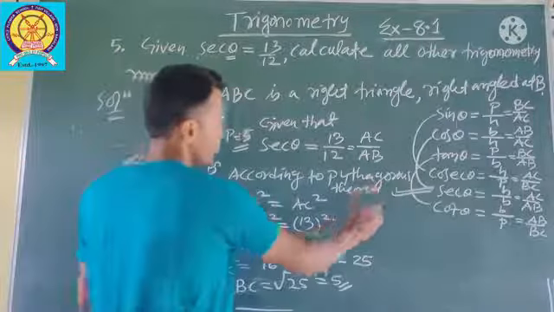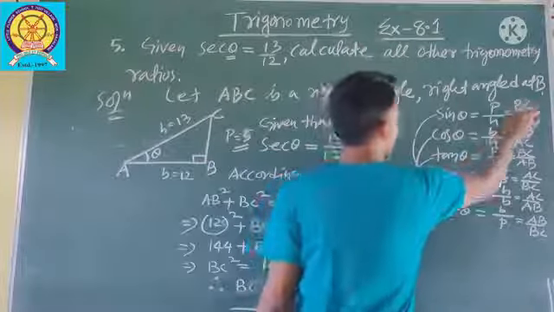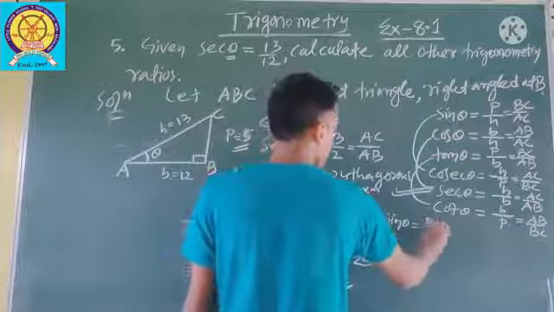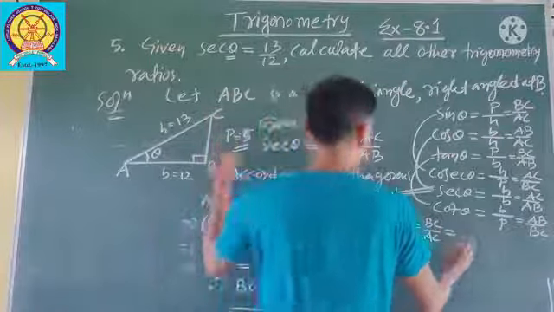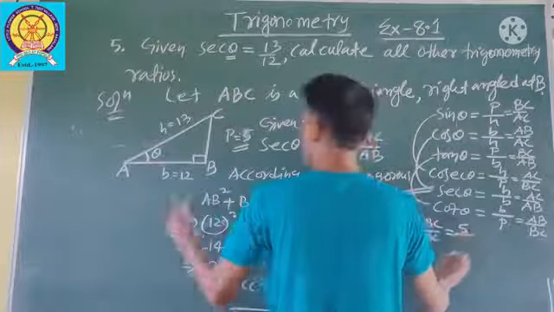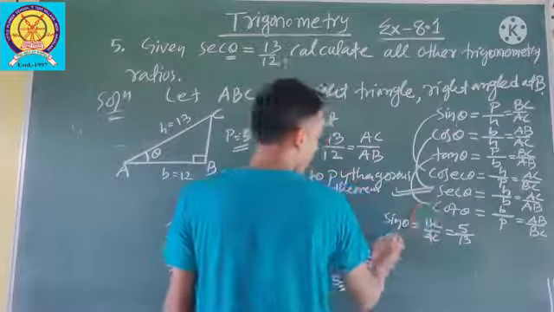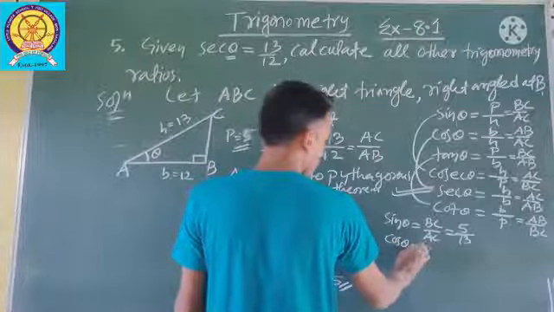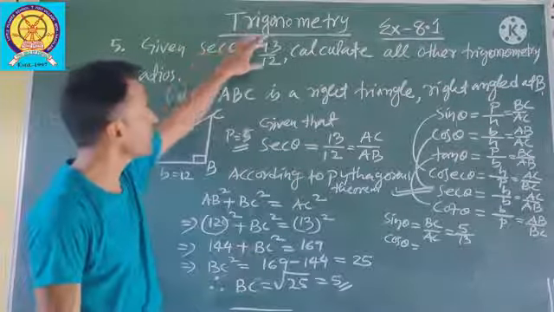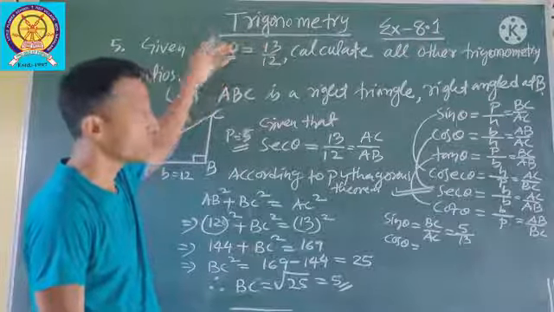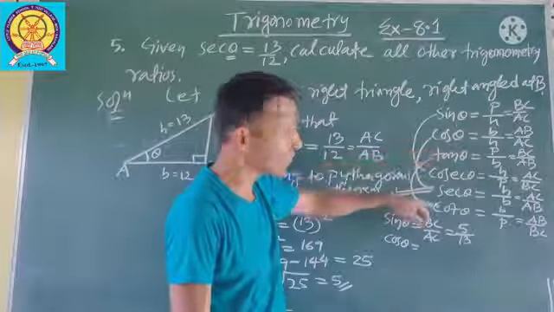You see, we find first sin theta. Sin is BC by AC. BC we get 5, AC already we have 13. Then cos theta. You have to find all other ratios. One ratio is given already, sec theta value 13 by 12. So you have to find all the other 5 ratios: sin, cos, tan, cosec, cot.